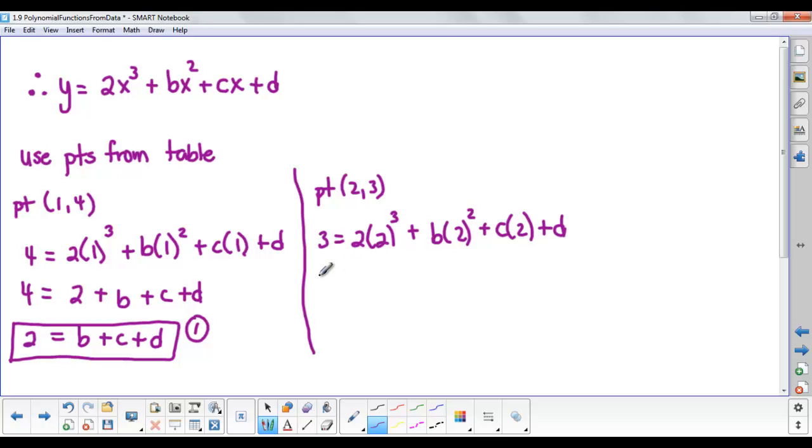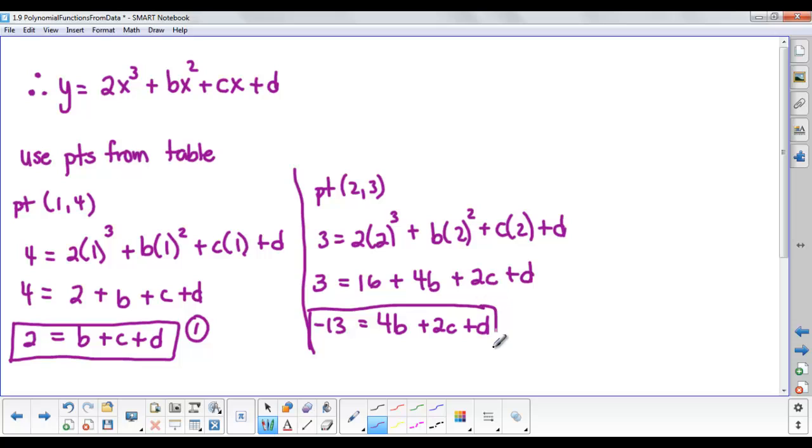And simplify. So 2 cubed is 8 times 2, 2 squared times b, c times 2, and plus d. And again, we'll simplify. So we'll move the 16 over. Gives us negative 13. And this we will call our equation 2.